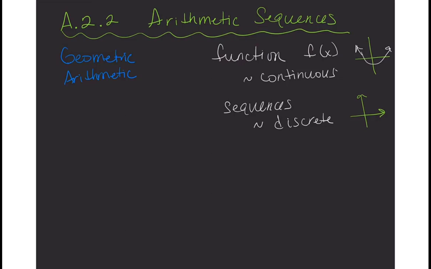We can't connect all of the dots because we can't have 1 1/4 buses or 1 1/2 buses. You either have 1 bus, 2 buses, 3 buses. So when we graph sequences, it's discrete. We're still going to have points on the graph, but we're just not going to connect them.